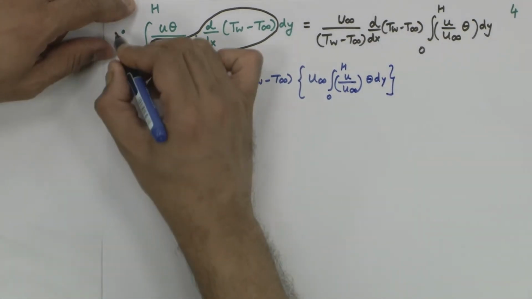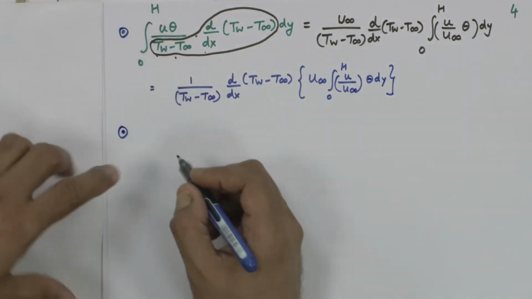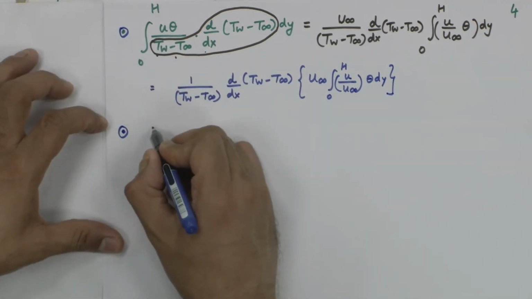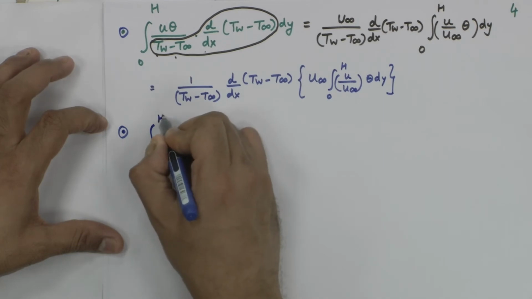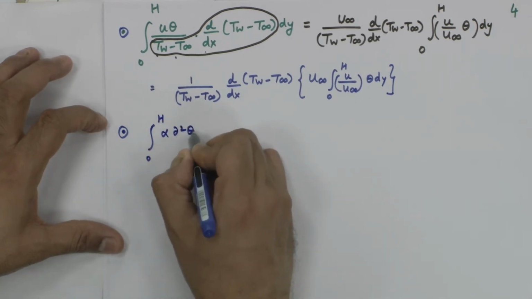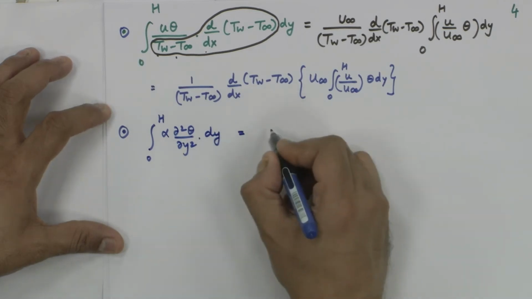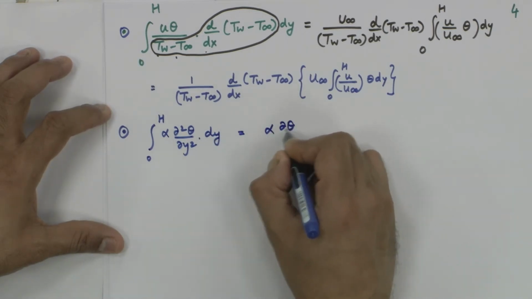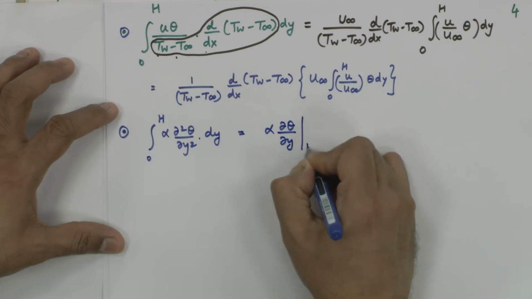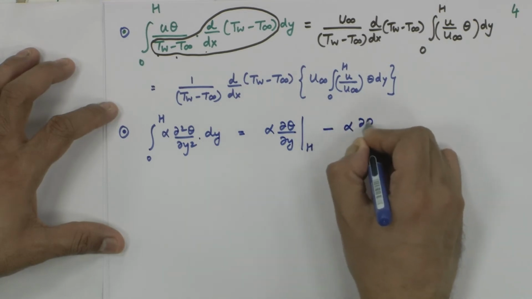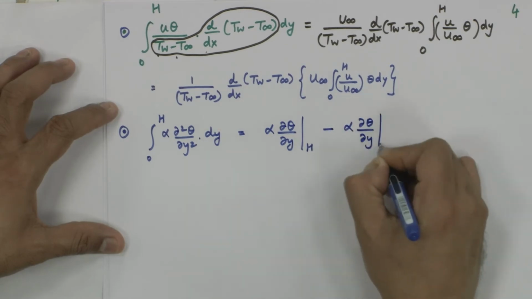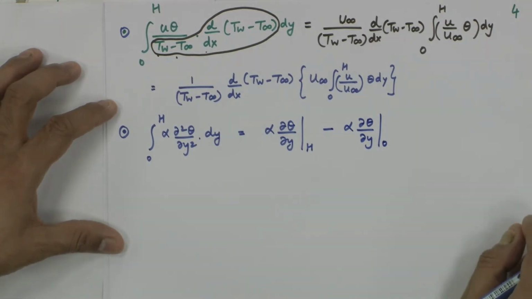Fourth term, where alpha is the thermal diffusivity: alpha d squared theta by dy squared, integrated over dy, is nothing but alpha d theta by dy evaluated at h, minus alpha d theta by dy evaluated at the wall.